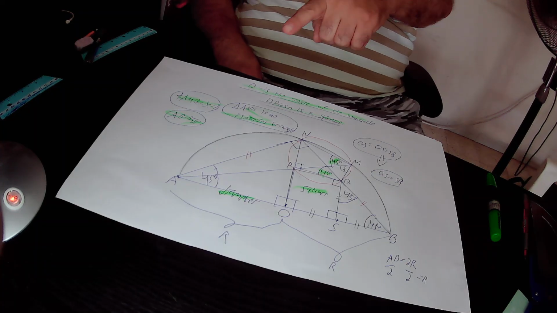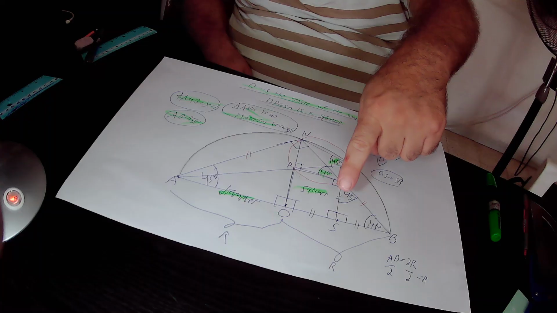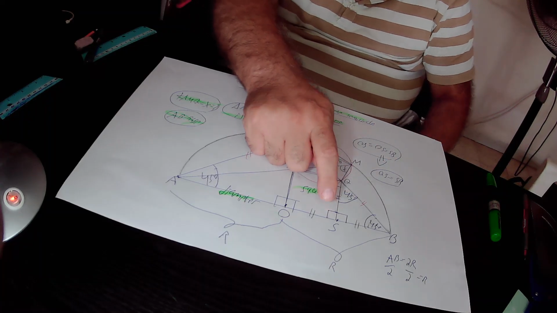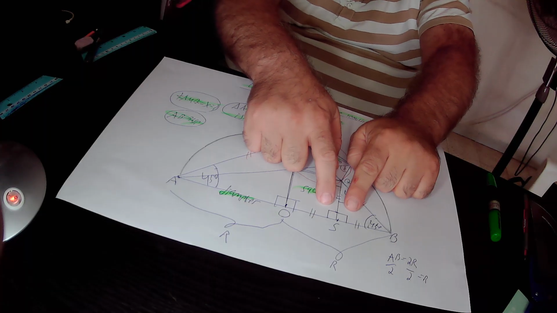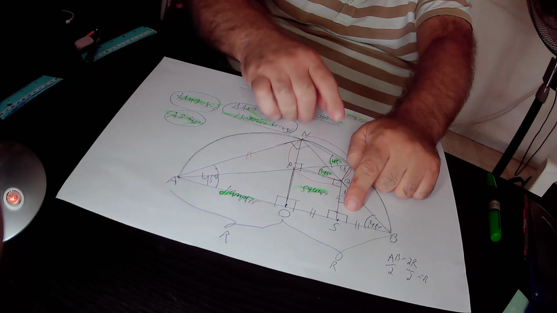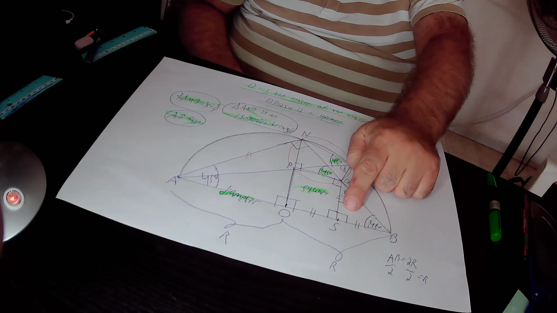So at the upper side of the straight line AB at point S, we have this right angle, plus this missing angle. In total the sum of those two angles must be equal to 180 degrees. Therefore, this missing angle must be equal to 90 degrees in size.